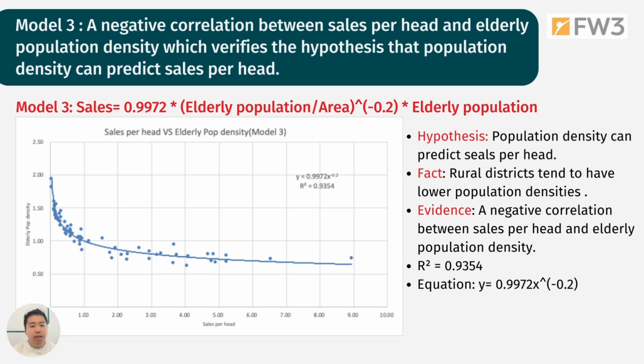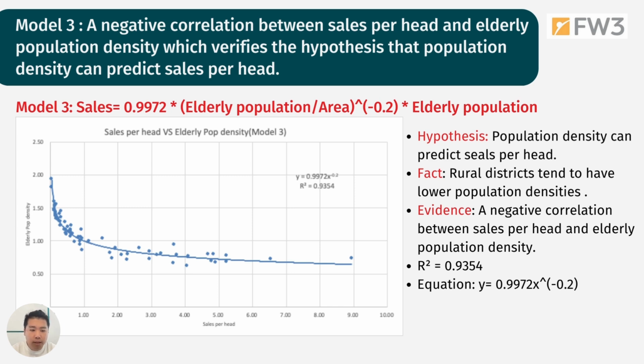In our investigation, we identified a potential predictor for sales, perhaps population density. Our research suggests that rural districts characterized by lower population densities tend to exhibit higher sales figures. Also, we excluded Birmingham. Two variables were utilized to develop our models.